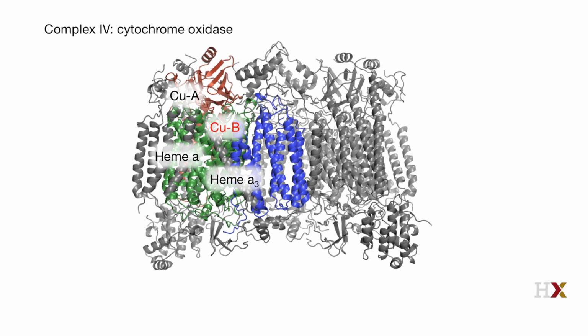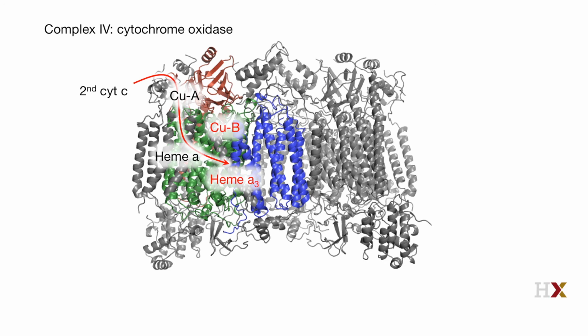Step 2. A second molecule of reduced cytochrome C binds to complex 4, replaces the previously oxidized cytochrome C, and will pass its electron through the same path. But when this electron reaches heme A3, it cannot be transferred to the QB center because the QB center is already reduced.